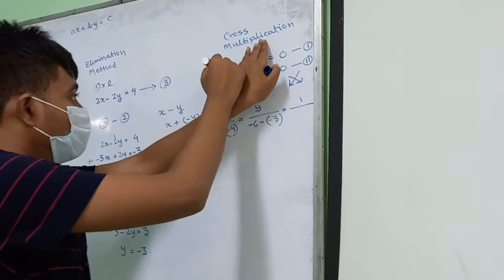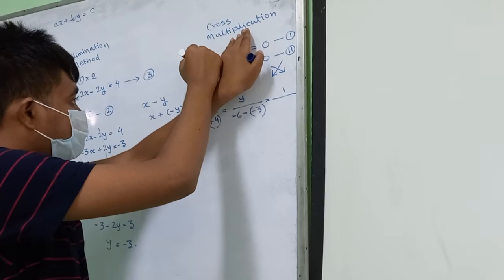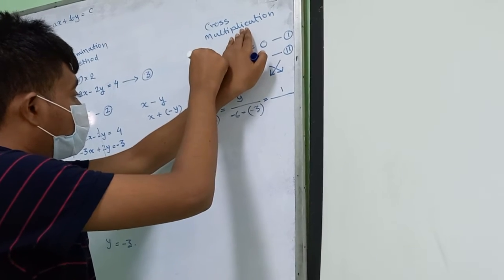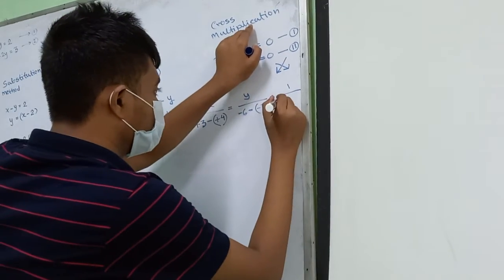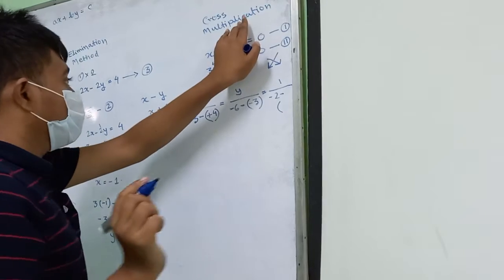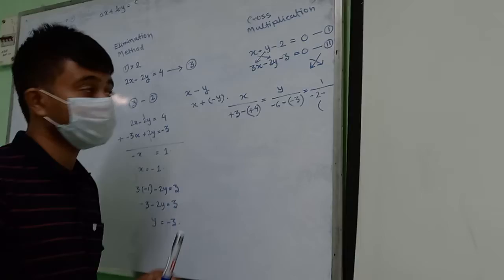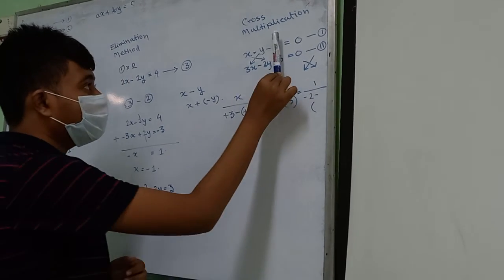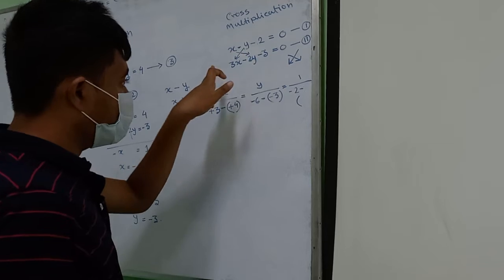The coefficient of x is 1, and the coefficient of this y is -2. So 1 into -2, we add a minus for this method, and then continue multiplying.